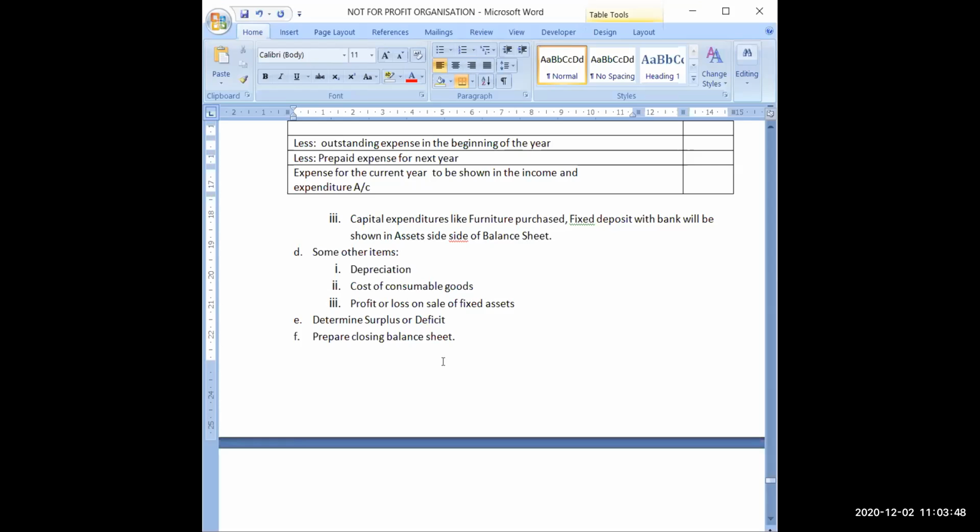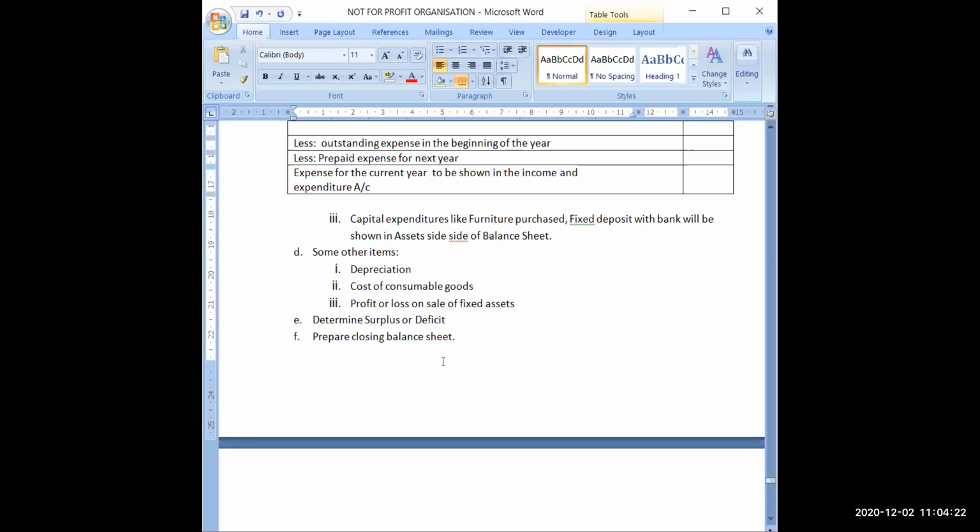That topic we have learned in detail yesterday: if some information is given in the question, how to prepare the creditors account and the stock account, and how to determine how much amount of goods is consumed. That will become our expenditure for the current year, and that will be written in the income and expenditure account. Then you may have some profit or loss on the sale of fixed assets also. Whatever profit or loss you have will also be written in the income and expenditure account.